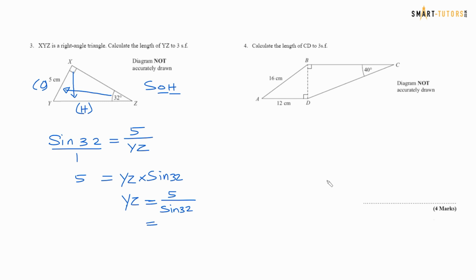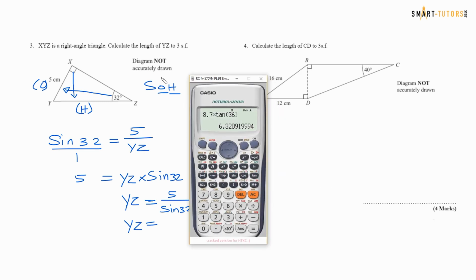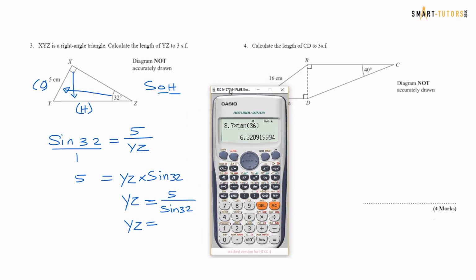So the answer: this is the scientific calculator. Use the fraction formula, 5 over sine 32. Here is sine 32. Make sure you close the bracket, and that is the answer, 9.44.